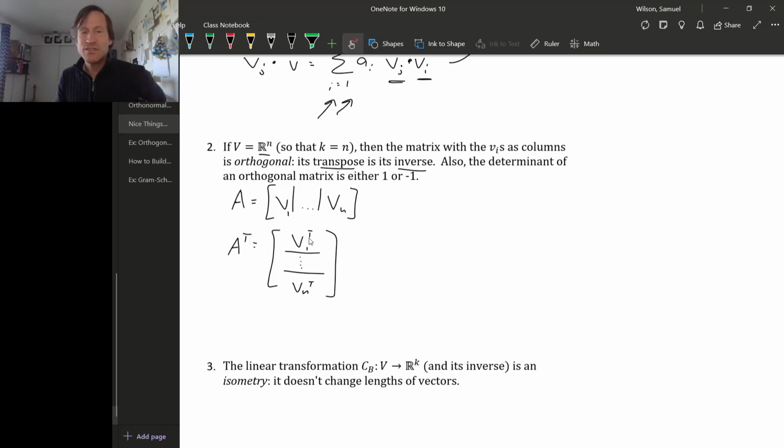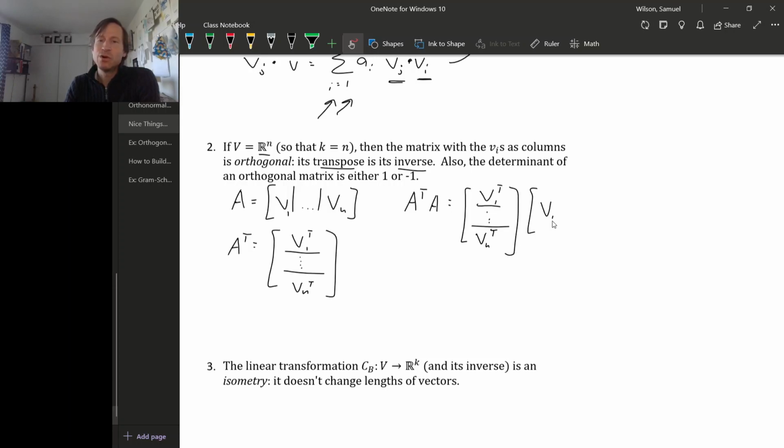So let's check if these are genuinely inverses. To check that, we can just multiply A transpose by A and see if we get the identity. A transpose is v1 transpose down to vn transpose as rows, and A is v1 down to vn as columns.